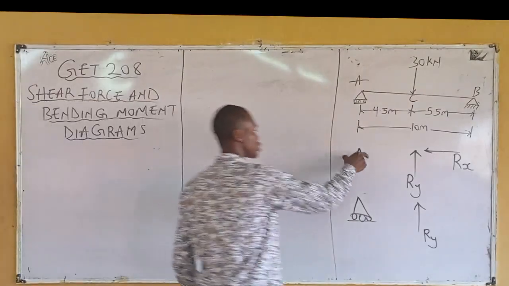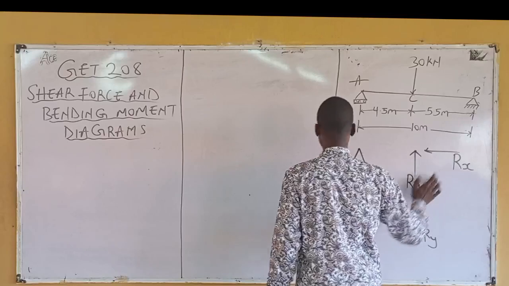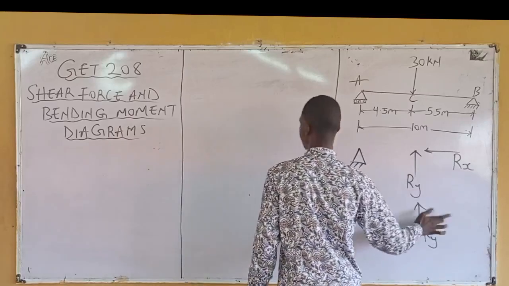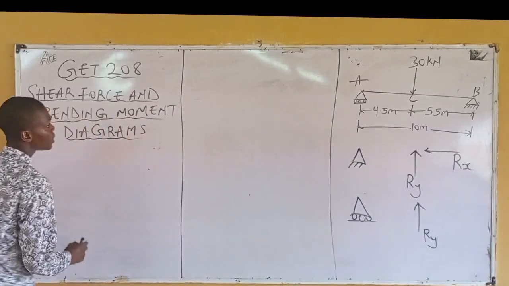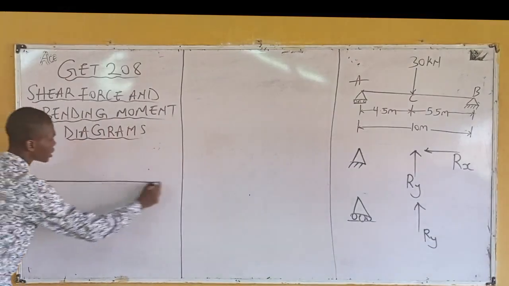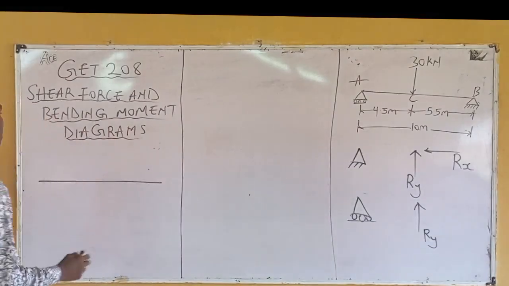Wherever I see this pin support, I'm substituting this. So let's do that. I still have my beam repeated, but only my supports are changing.